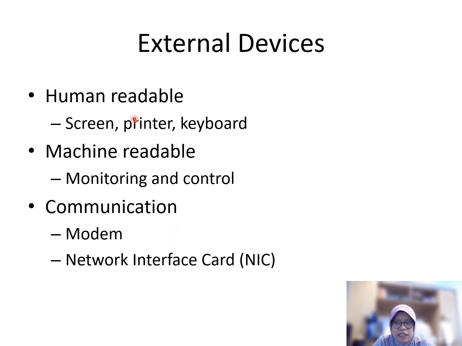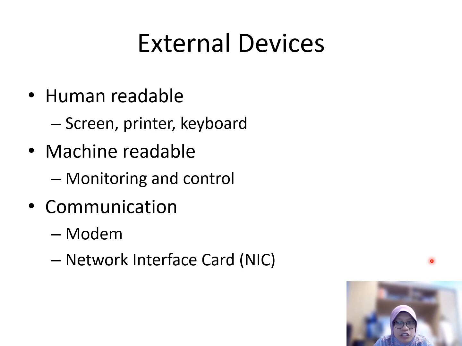We can broadly classify external devices into three categories. One is human readable, which is suitable for communicating with the computer user, such as the screen, printer, and keyboard. Whereas machine readable is suitable for communicating with equipment, such as magnetic disc, tape system, sensors, and actuators that are mainly used in robotic applications.